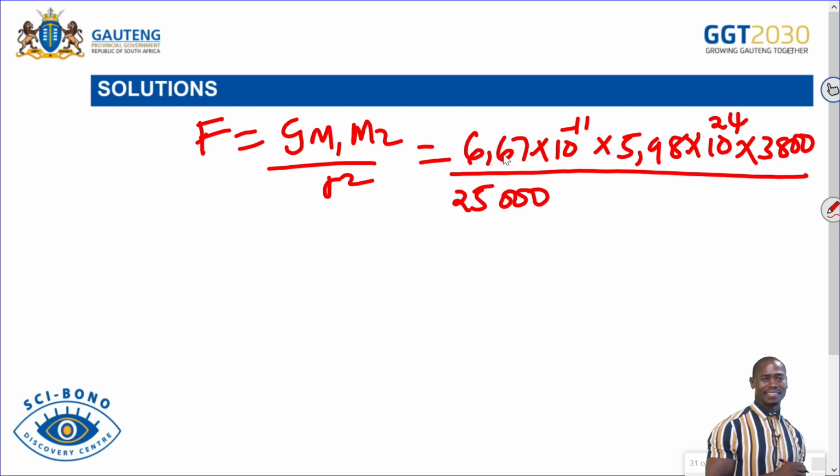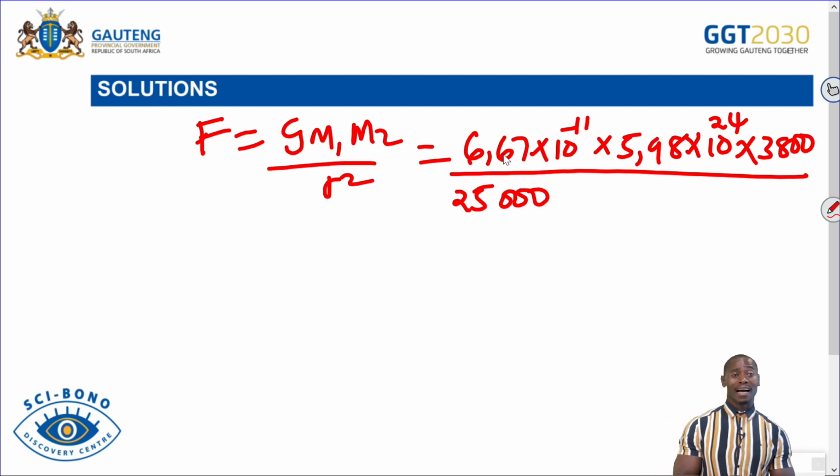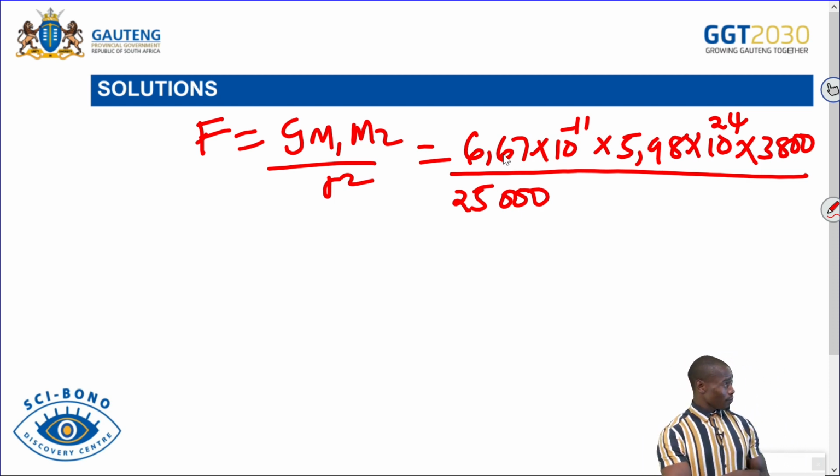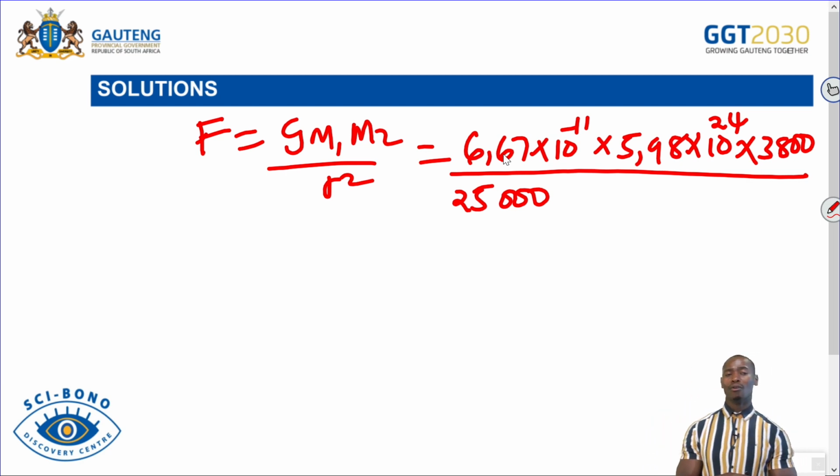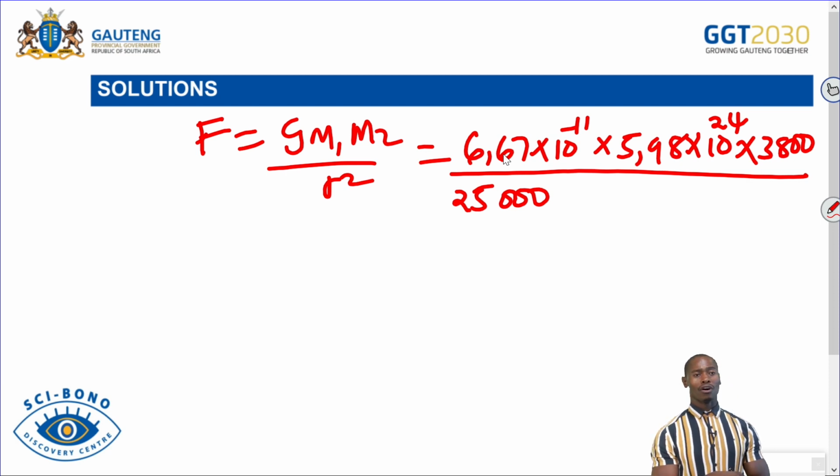Then I will have 25,000 kilometers. Now, according to this equation, we are expecting the distance to be in meters. So you convert kilometers to meters. How do we convert?